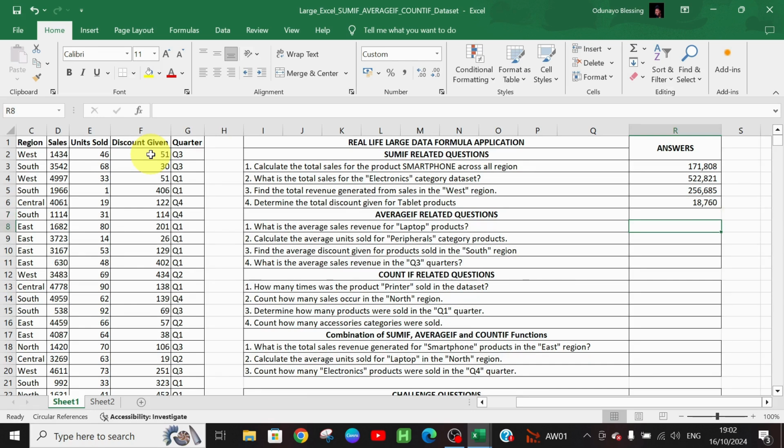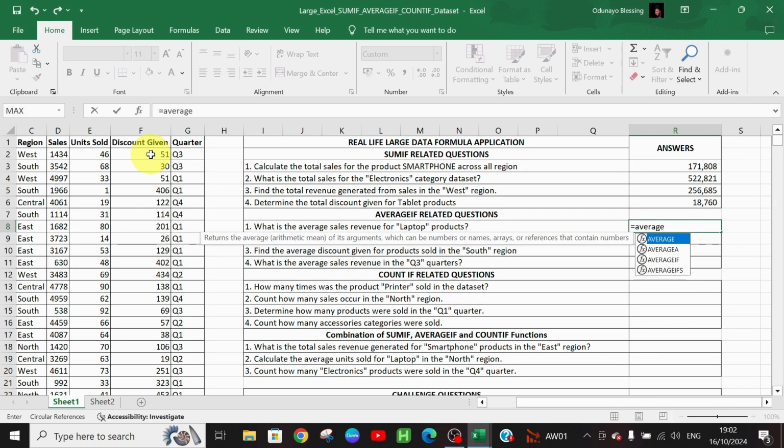Now the questions related to AVERAGEIF go thus: equals AVERAGEIF, because they are asking what is the average sales revenue for the laptop product. We already know that what we are talking about here is the product, that's the first thing: A2 to A501.